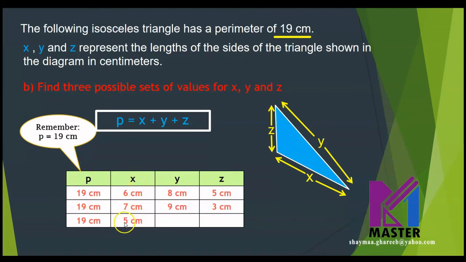Taking x equals 5 centimeters and y 11 centimeters, so 5 plus 11 equals 16, then the z will be 3 centimeters. Is this clear? You can try many different values for x and y and z. Just keep in mind that the sum of the 3 of them should always be 19.